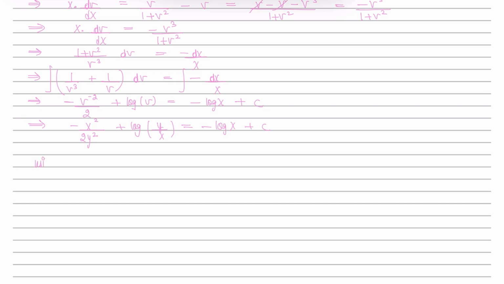Therefore, using y of 1 is equals to 2, equation number 3 will become minus of 1 upon 2 into 2 square plus log of 2 is equals to minus of log 1 plus c, and we know that log 1 value is 0, and this will simplify and give the value of c as minus 1 by 8 plus log 2.